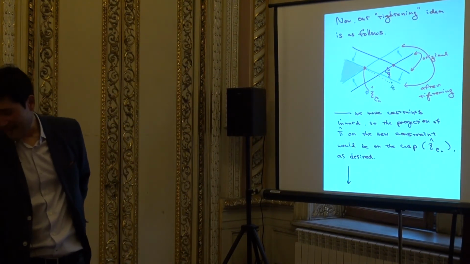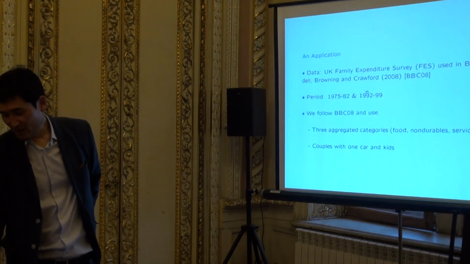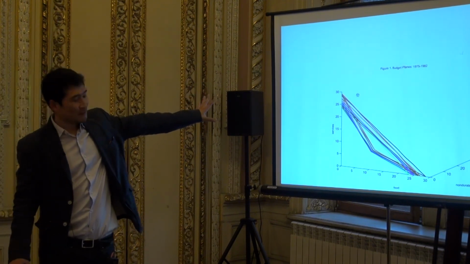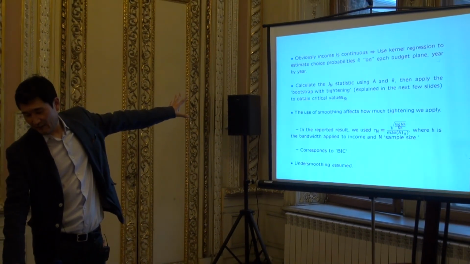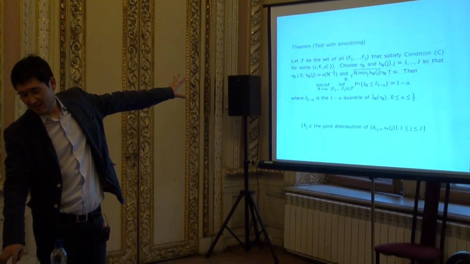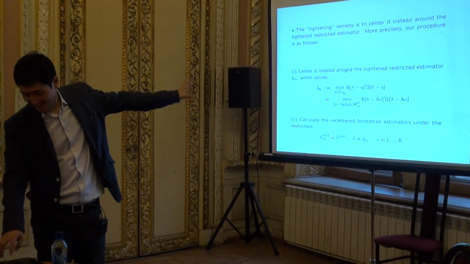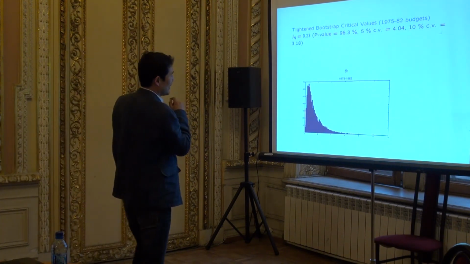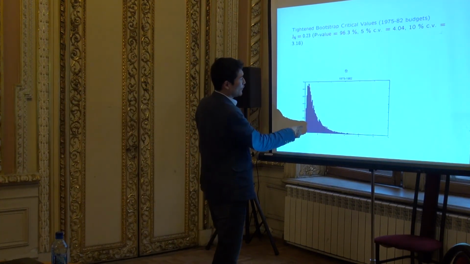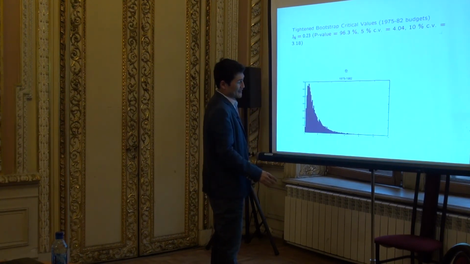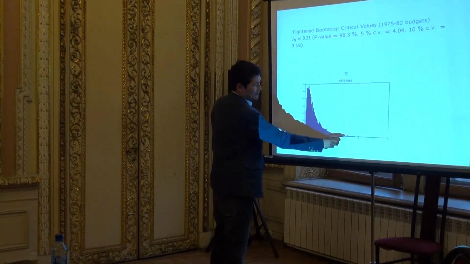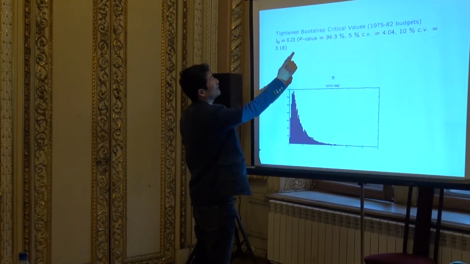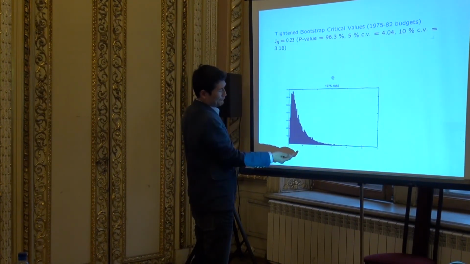I just want to show the outcome. True budget lines look like this, and there are lots of theorems, and here's one outcome. For a certain data set, this is the distribution of critical values, and the test statistic itself is 0.23.